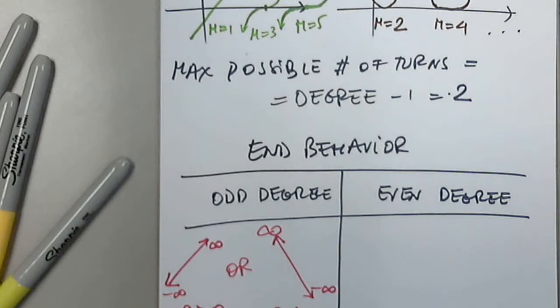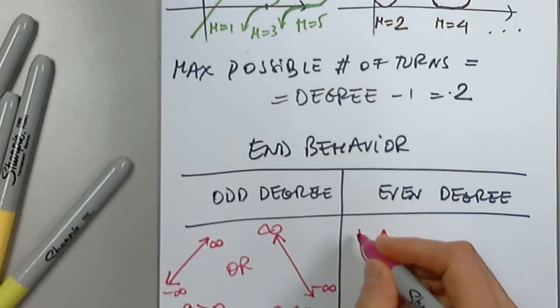So that's the end behavior when the leading coefficient is positive. The other option is when the leading coefficient is negative, what is the end behavior? From negative infinity back to negative infinity. That's it. Every even degree function will follow the same pattern.